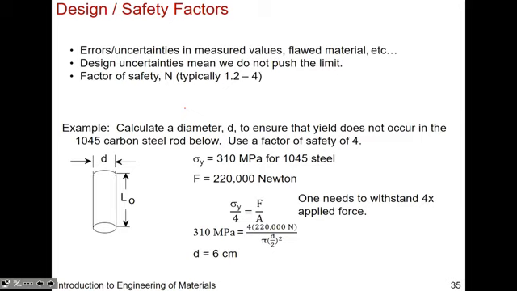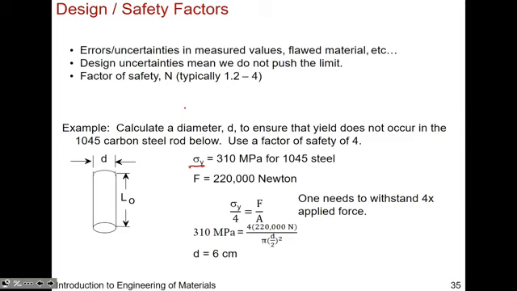Okay, so when we're designing materials, we have design safety factors, so that basically we over-engineer a system. So if we know a material's yield strength, this sigma y, for some material, here the example is a 1045 steel rod, and we know that it has to withstand some applied force, and the safety factor is, let's say, 4. Now, these safety factors are basically how much you need to scale so that you can withstand a certain applied force.